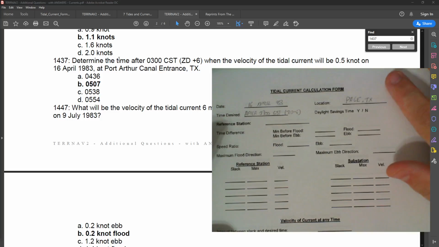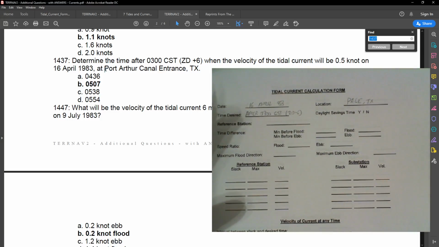I abbreviated that because we are simply copying and pasting this bit into the tidal prints.